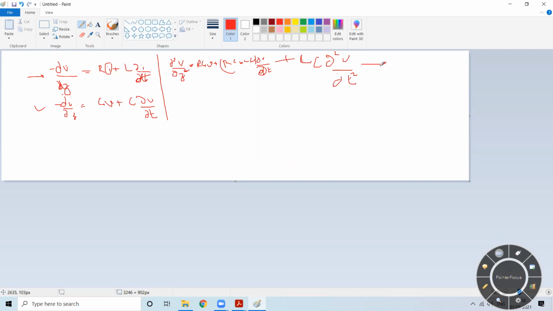So this is one transmission line equation.